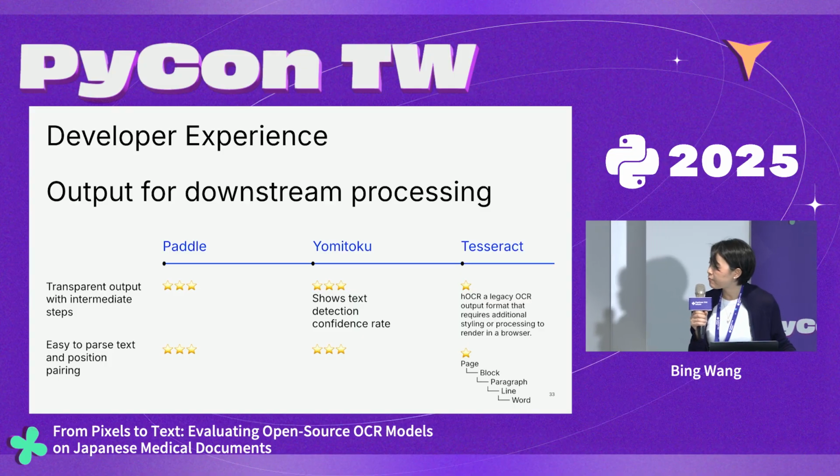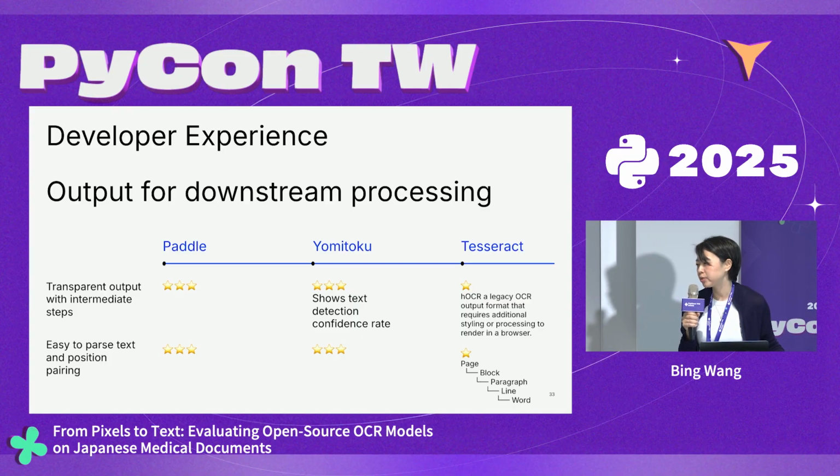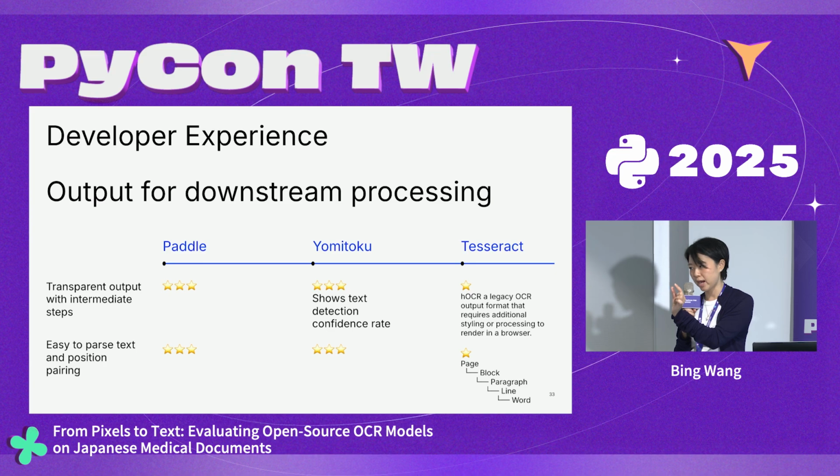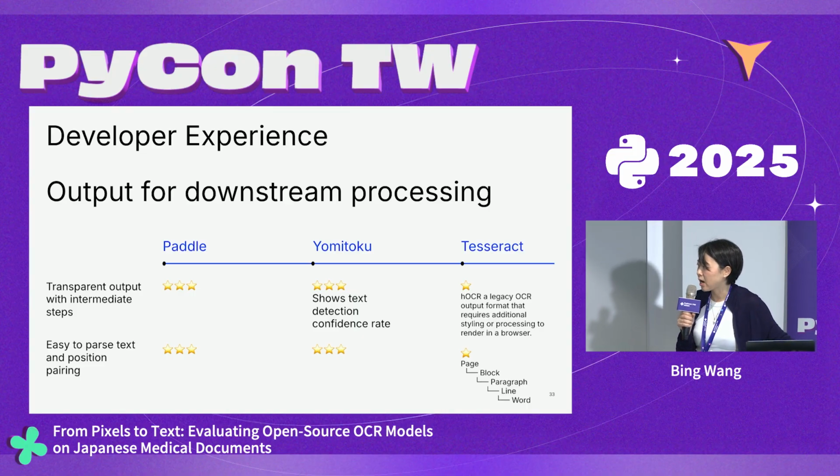For this, I find Tesseract's output a little bit too granular. They break things down to the token level, so you might have one character with one bounding box, and you have to piece everything together. Their output is a bit too granular, but of course, at the same time, it gives you more control.